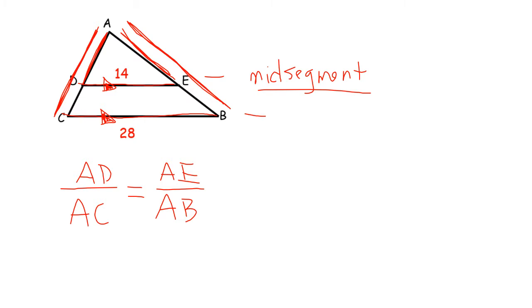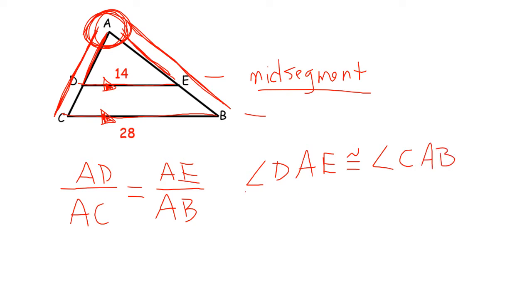Now, once I have two sides that are proportional to each other, all I need now is an angle, so I can prove this. And I could do this with side, but I want to show you the angle because you're going to need the angle in the one that you're doing in the lesson. I've got an angle that both of these triangles share right here. So I'll also have angle DAE is congruent to angle CAB, and that's reflexive property.